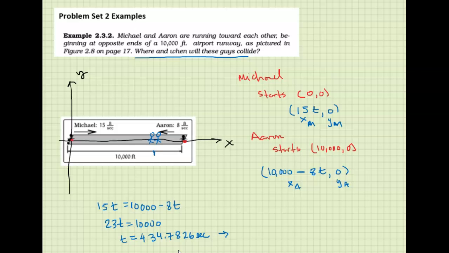You want to change them so they are real usage. So time equals 7.24625 minutes. Oh, wow. All right, so they're running quite a bit there. All right, so that's the when. Now let's see the where.